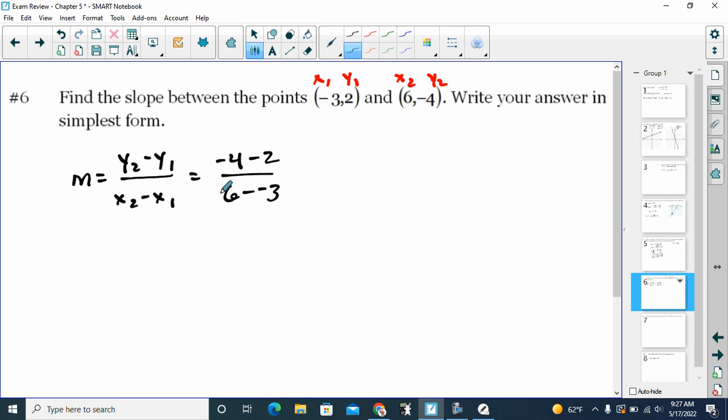Again, I do have minus minus here. The first minus is because of this formula, x2 minus x1. And then x1 is -3, which is where this minus comes from. Minus minus, we're going to change that to a plus.